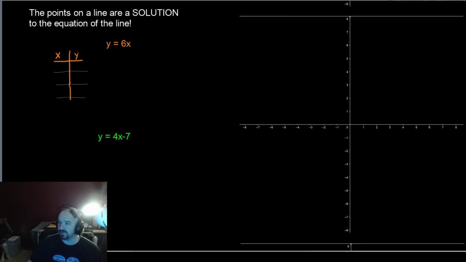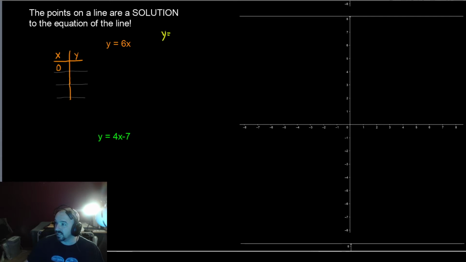So I am going to guess that x is 0. Basically what I'm saying is I'm going to make x 0, and then I'm going to see what y has to be in order to make this equation true. So I take my 0, I plug it in for x because that's the variable I chose.